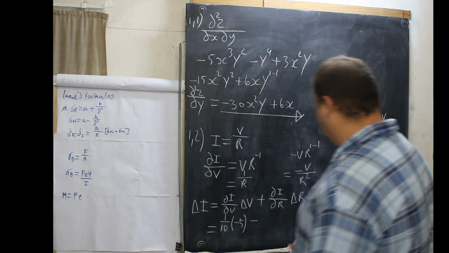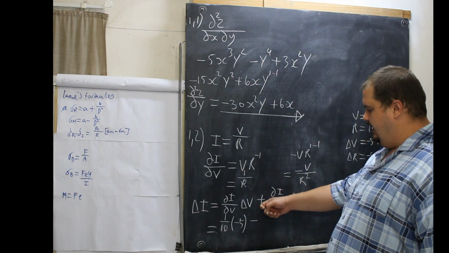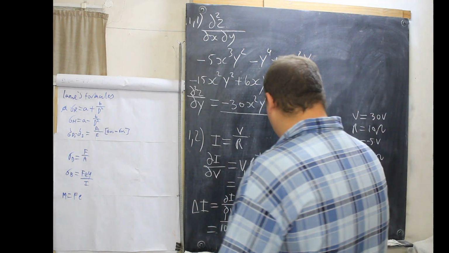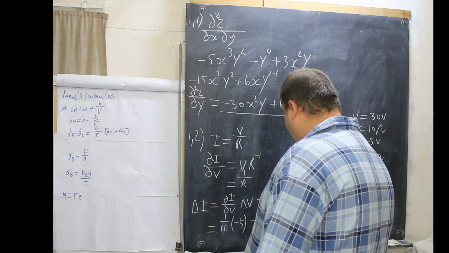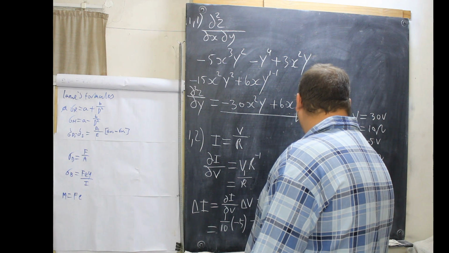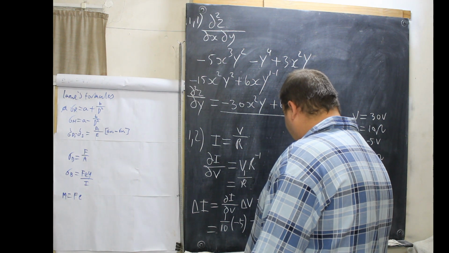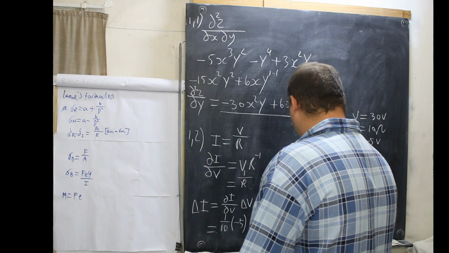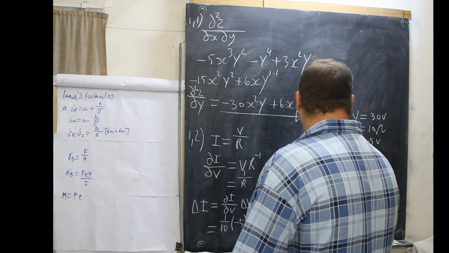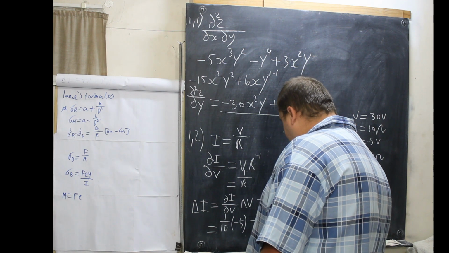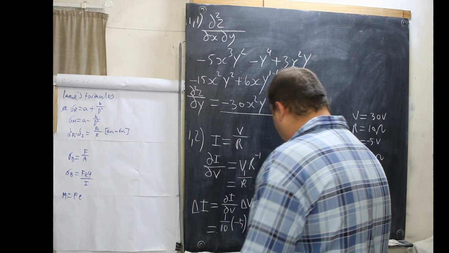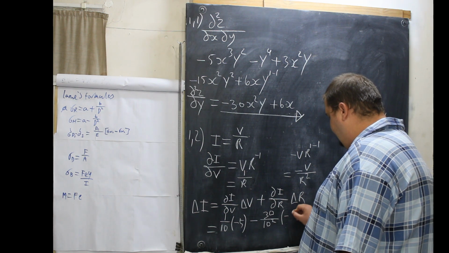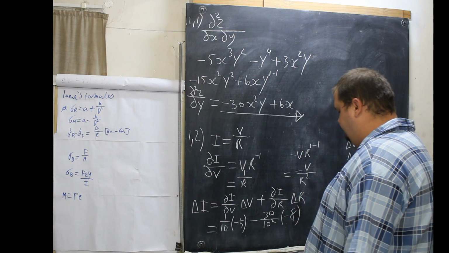Minus, because a positive times a negative is a minus. Now what we have is V, which is 30, over R squared, which is 10 squared, times negative 8.